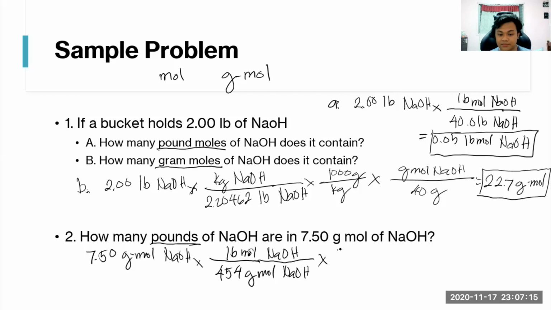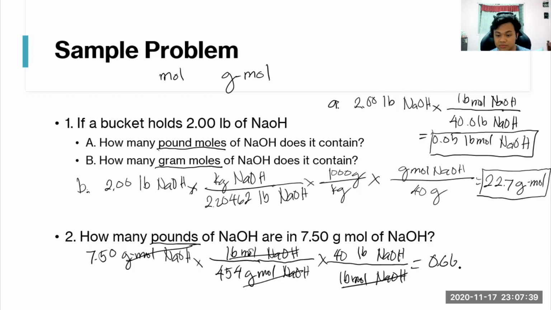And 40 pounds of NaOH is to 1 pound mole of NaOH. Okay, so cancel the units, cancel. So you're now left with pounds of NaOH.